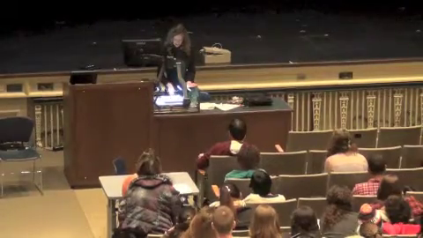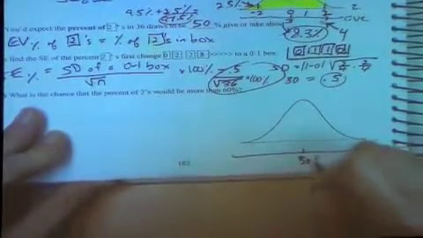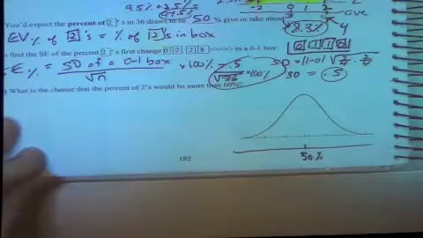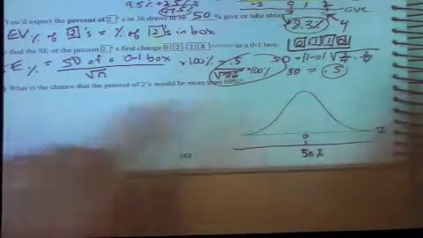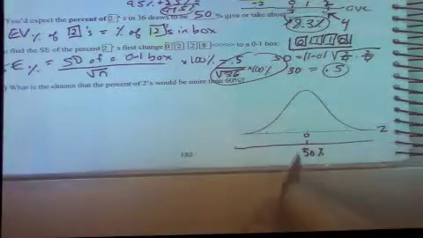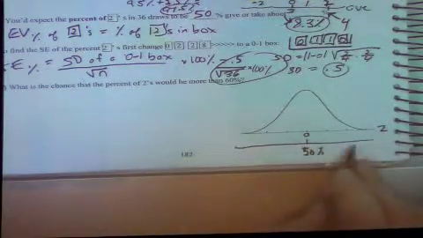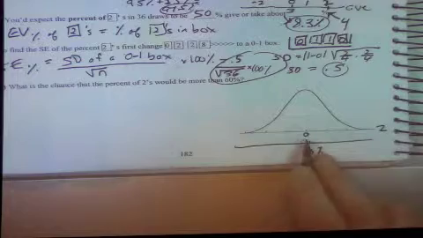All right, what's the chance that the percent of 2s would be more than 60%? Well, we expect 50% 2s, correct? Which is a z-score of 0. And more than 60%? So 10% more is going to be where on here?